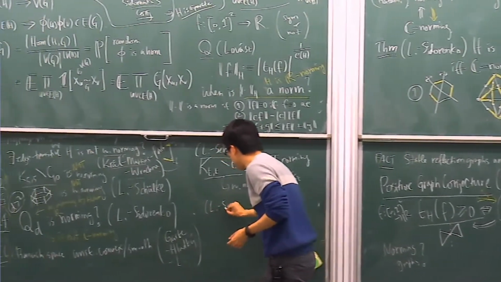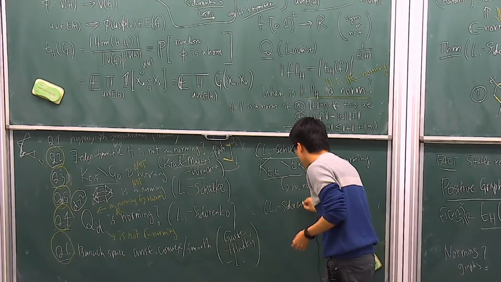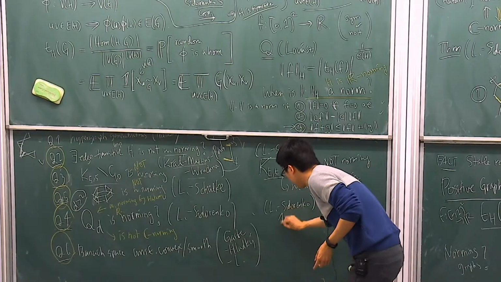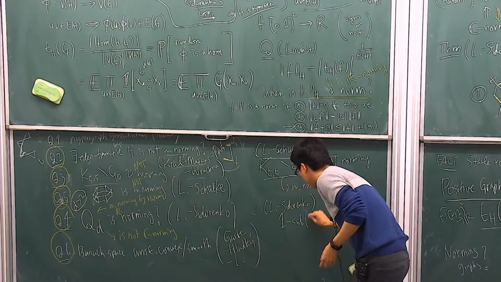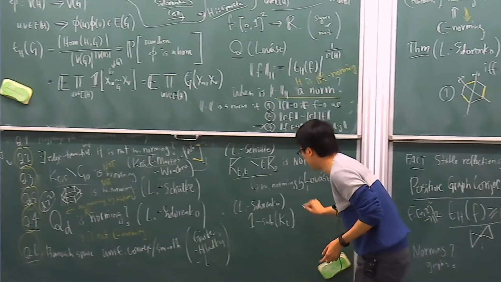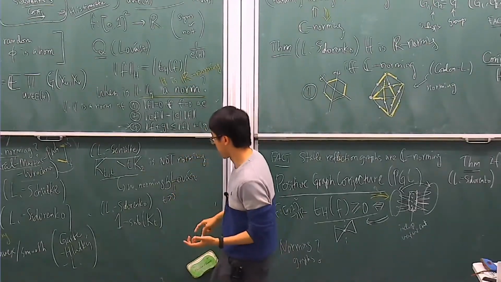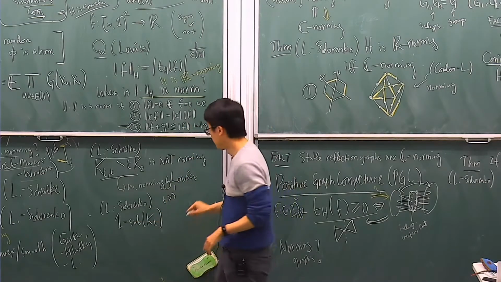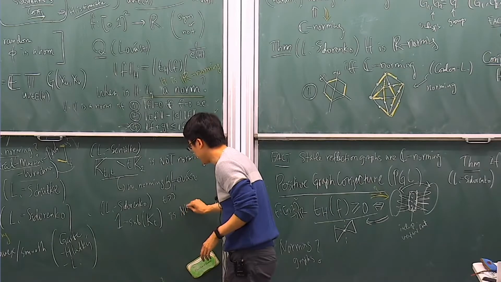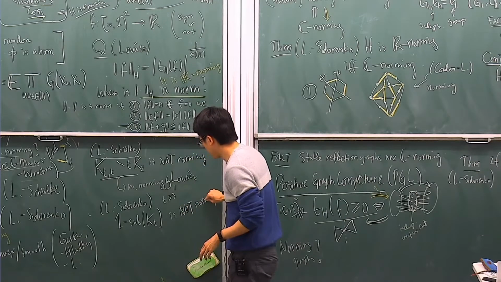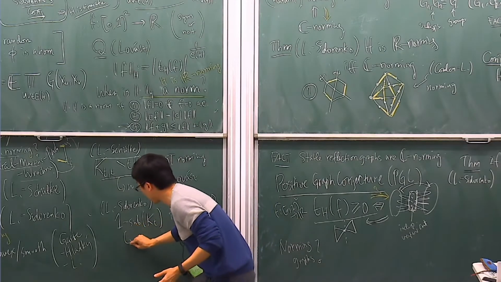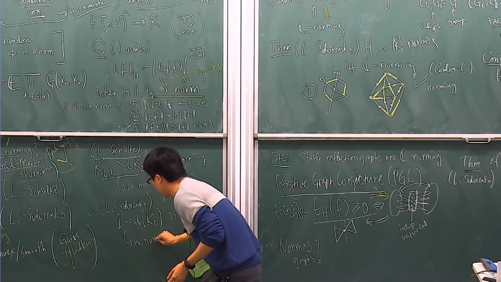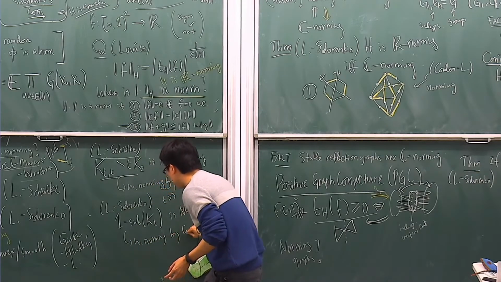We also proved that, for example, the one-subdivision of the complete graph K_t for t greater than 3, is not norming, because when t is 3, the one-subdivision of a triangle is a 6-cycle. But it's weakly norming, by myself with David.